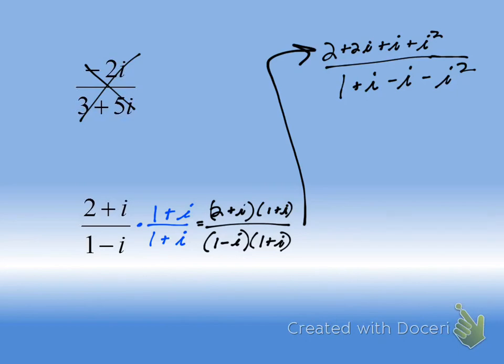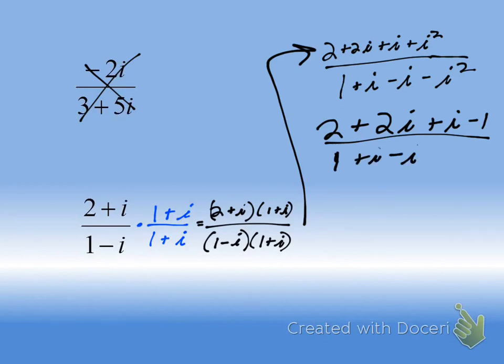Go through and change them. So now you have multiple like terms to combine, but I'm going to do that all in one step. So 2 plus 2i plus i minus 1 over 1 plus i minus i plus 1.